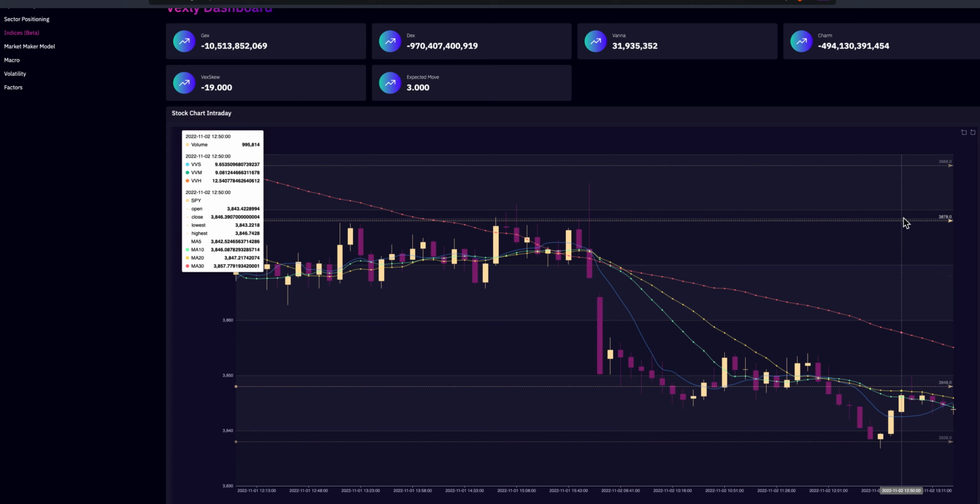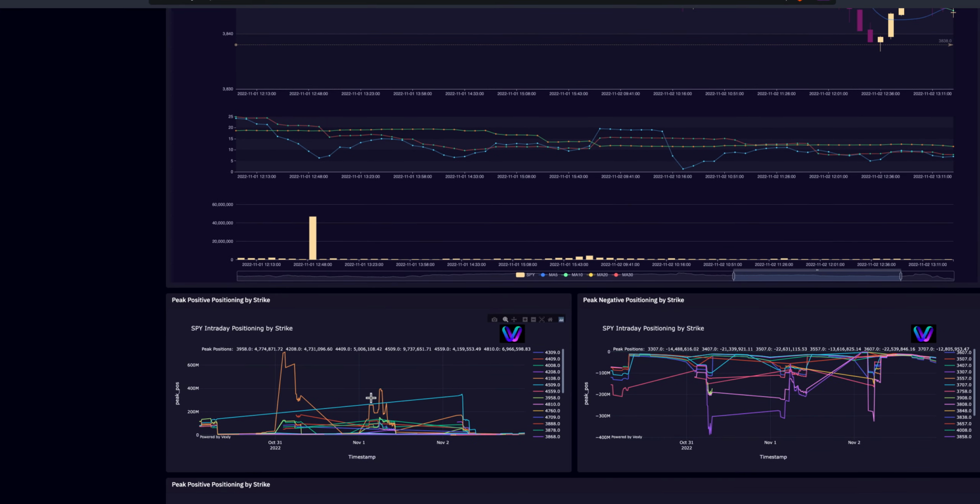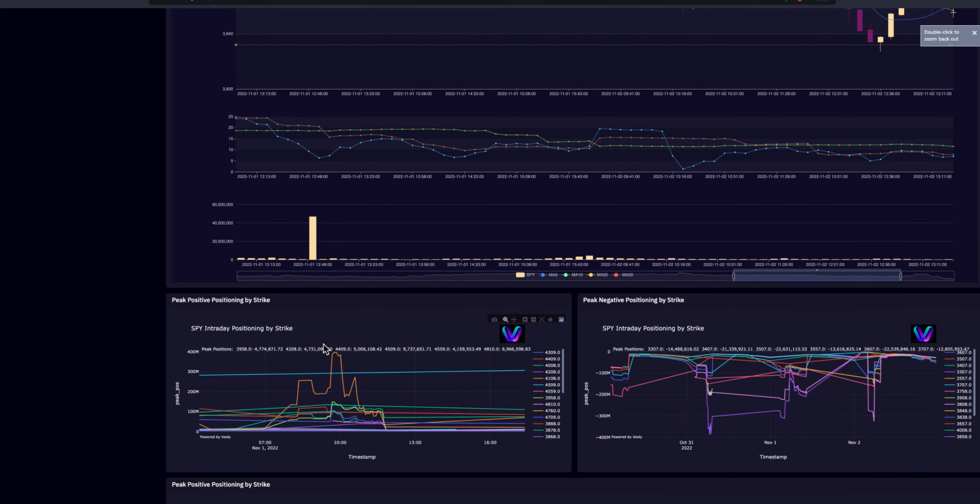Going back to the market maker theory, if you know where a bunch of people are long calls, because that's what this positive position is, and if you want to flip between and see where said positioning was at a given point in time on a historical basis, you can see it all here. You've also got the annotations at the top to give you an idea of where they're at.